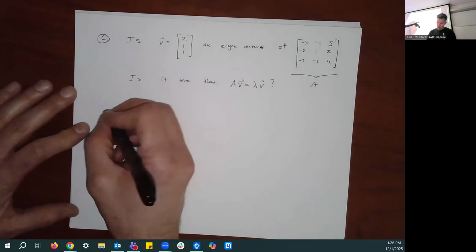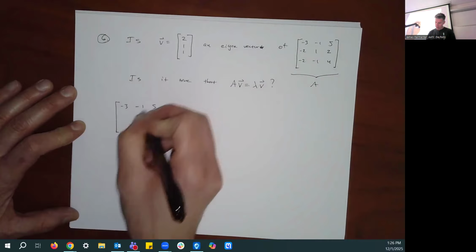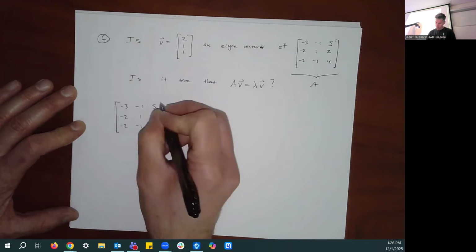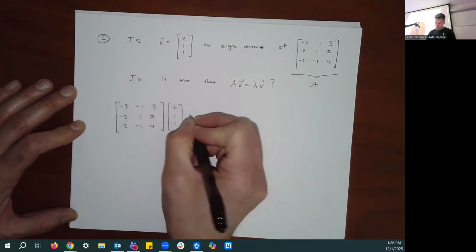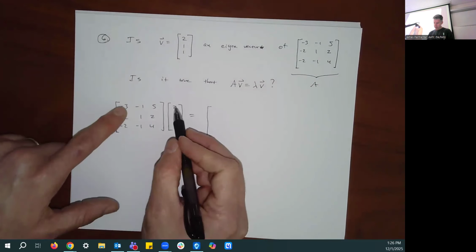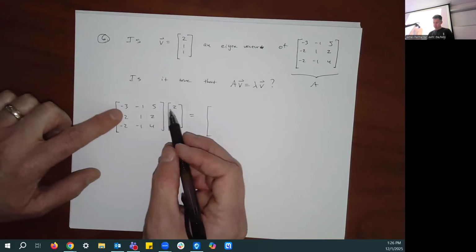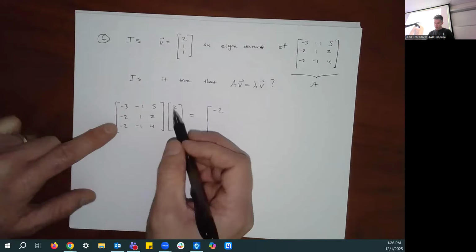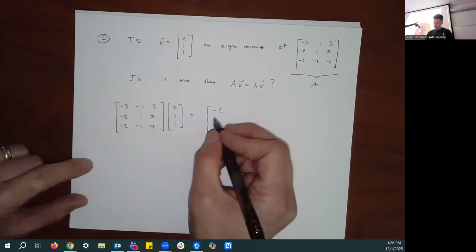Let's check. Our matrix A is -3, -1, 5, -2, 1, 2, -2, -1, 4. We're multiplying it by the vector 2, 1, 1. Usual stuff. We're going to get -6 minus 1 plus 5: -6 minus 1 is -7, plus 5 is -2. Then we get -4 plus 1 is -3, plus 2 is -1.